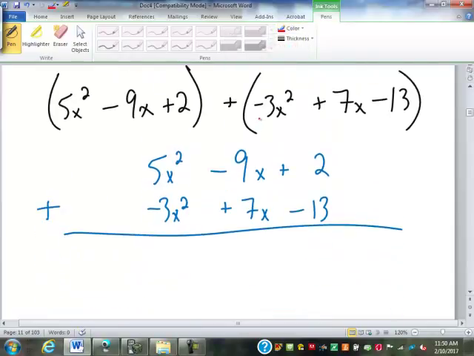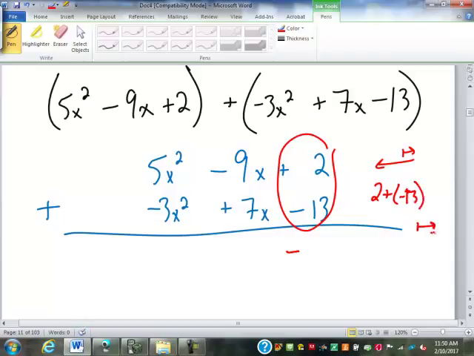Now remember, when I'm dealing with negatives, I kind of keep a picture in my head. So 2 plus negative 13 ends up being what? Somebody be brave. 2 plus negative 13. Go positive 2, back the other way 13 spots. We end up at negative 11.